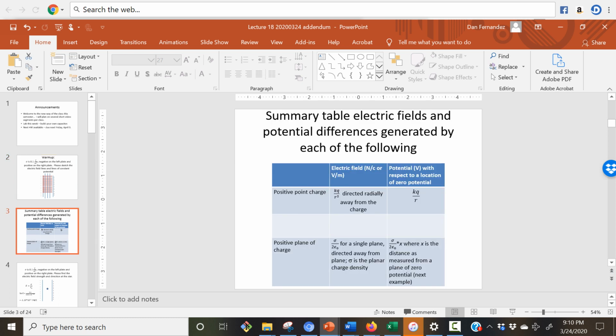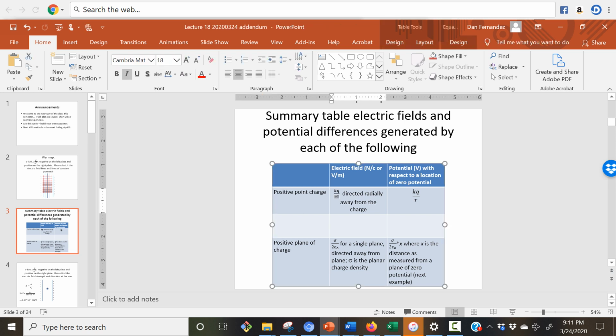The next slide, which you have also seen, summarizes the calculations for electric field and potential associated with a positive point charge and a positive plane of charge. So this is kq over r squared. That was the first thing we talked about when we started talking about electric field. And potential for a point charge is kq over r.